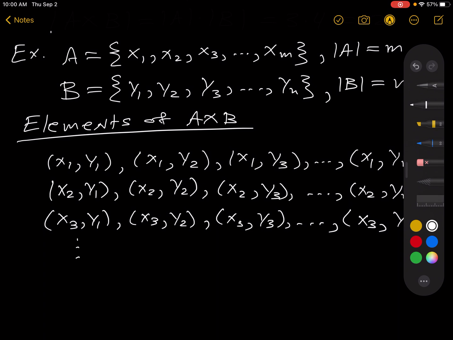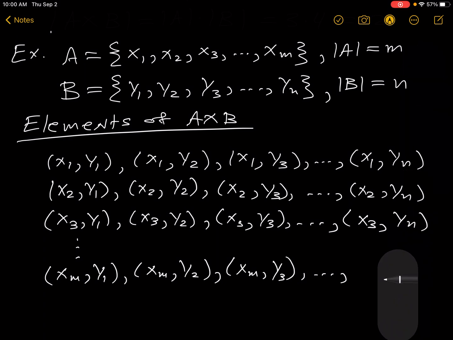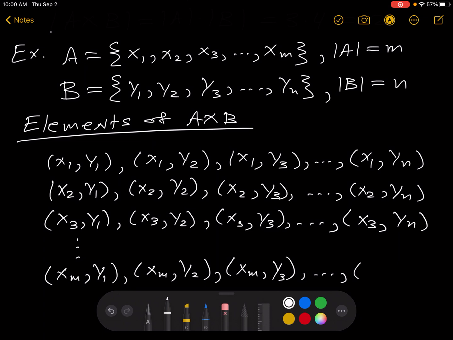And then eventually we'd stop when we got to xm, y1, xm, y2, xm, y3, all the way out to xm, yn.